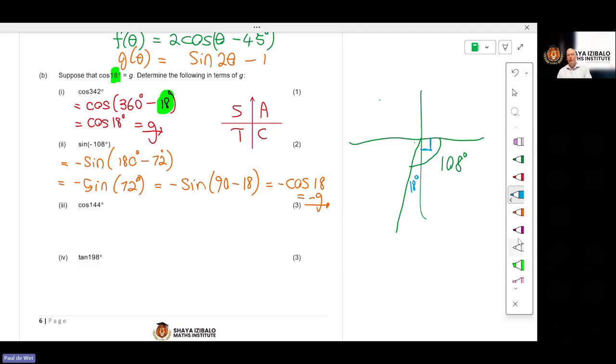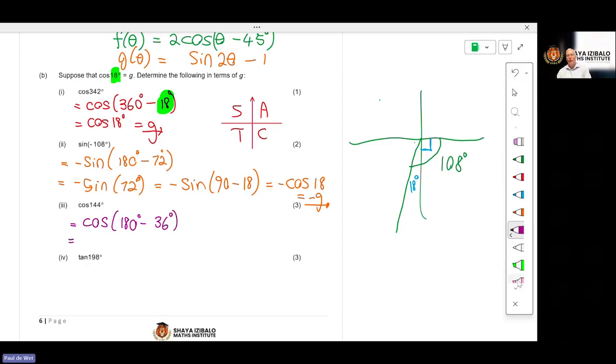Okay, who can help us with cos of 144 degrees? 180 minus 36.